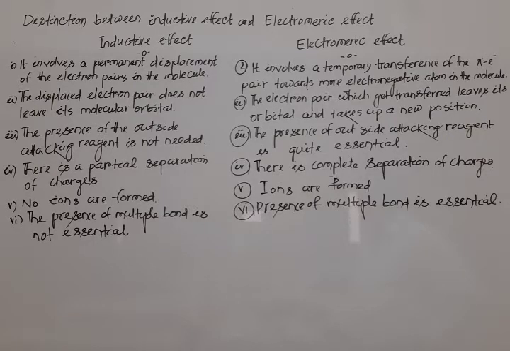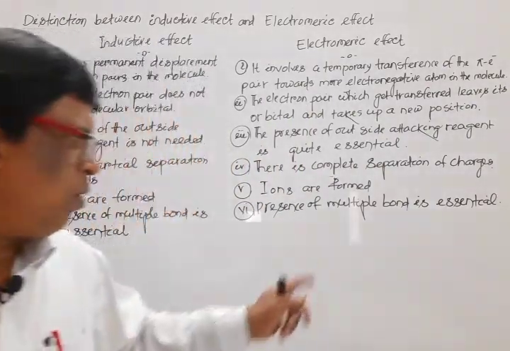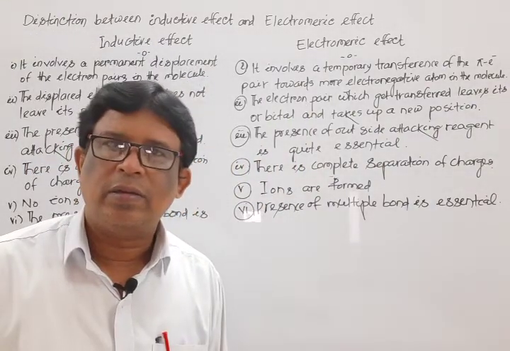While in electromeric effect, there is a complete separation of charges. Next, inductive effect, point 5. No ions are formed. While in electromeric effect, ions are formed. Last point, inductive effect. The presence of a multiple bond is not essential. While in electromeric effect, the presence of a multiple bond is essential.